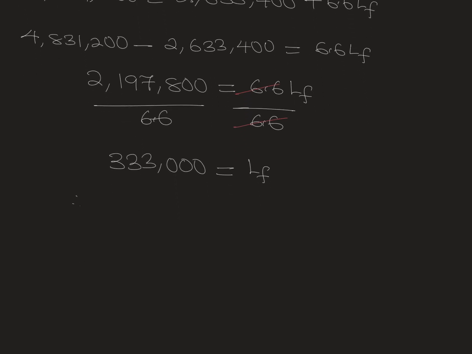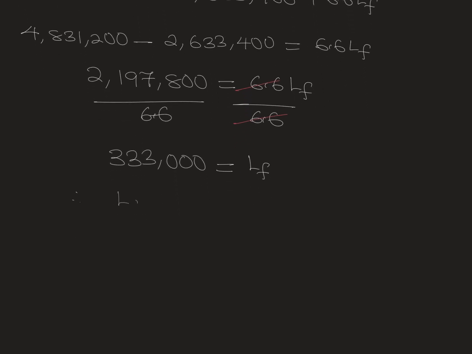Therefore, we can say that the specific latent heat of fusion of the ice is 333,000 joules per kilogram. If we want to express that in standard form, we can say the specific latent heat of fusion is equal to 3.33 times 10 to the power 5 joules per kilogram.